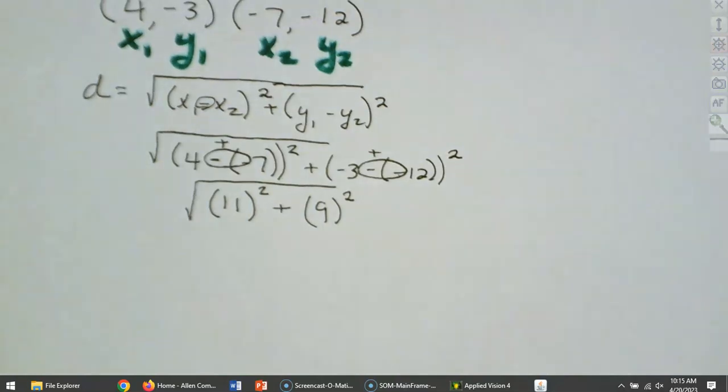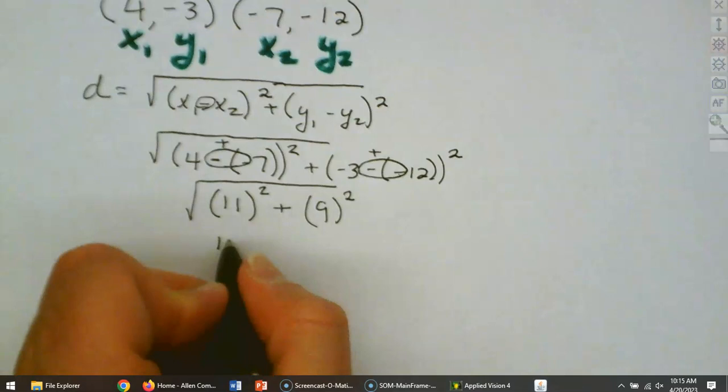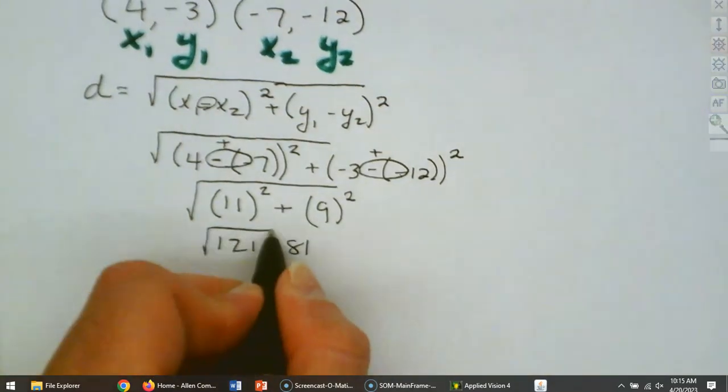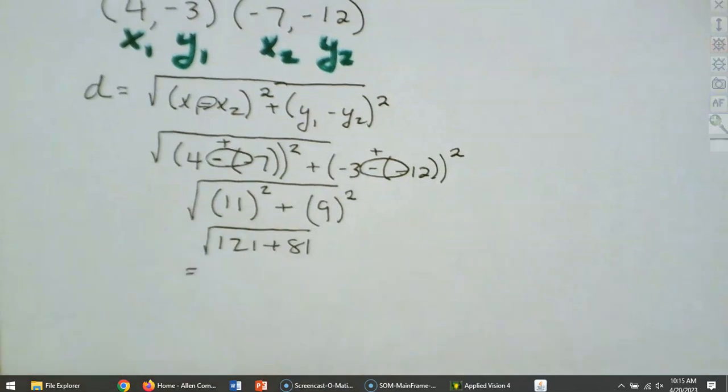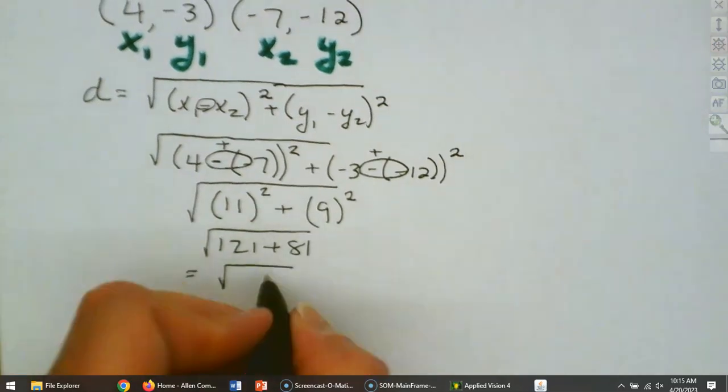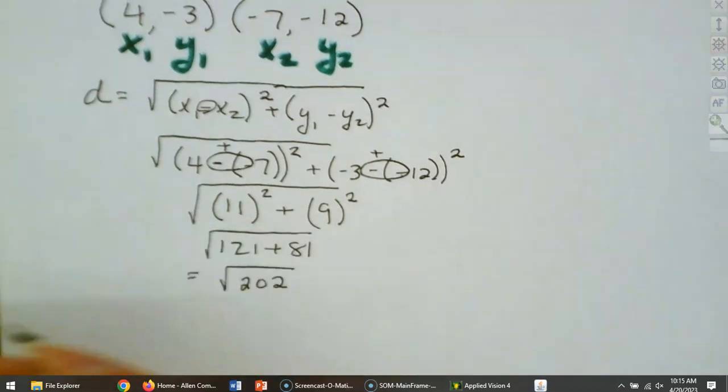So 11 squared is that 121. 9 squared is 81. We're going to add these together, and that gives you the square root of 202.